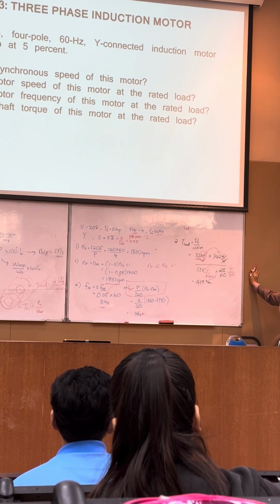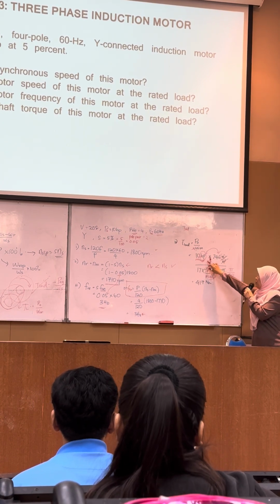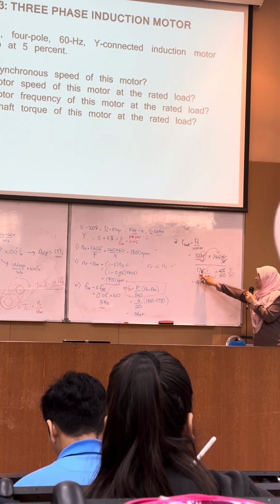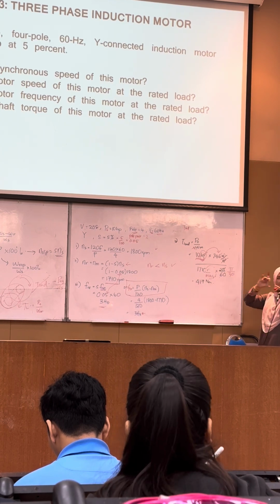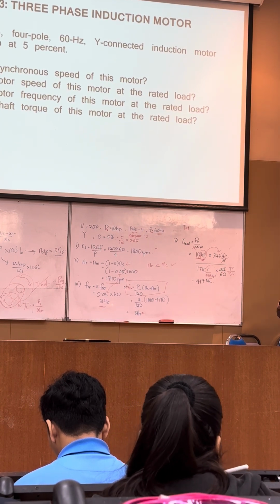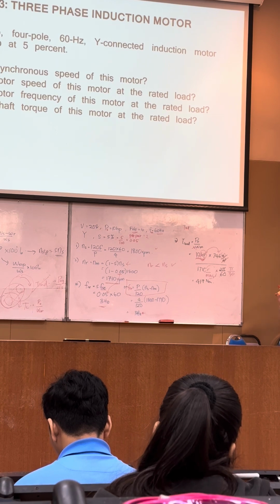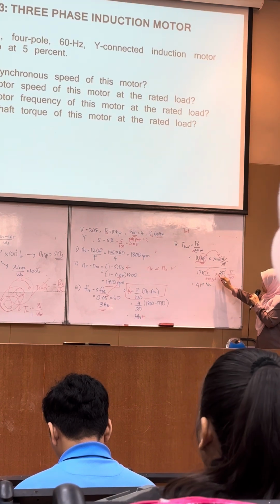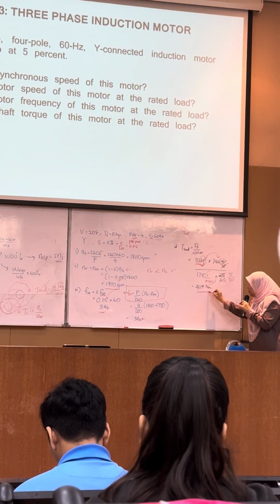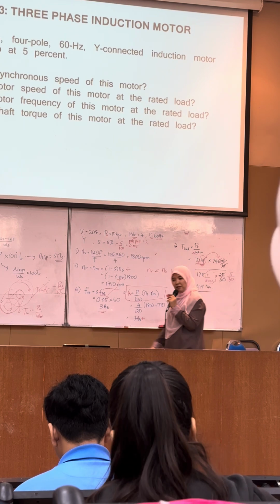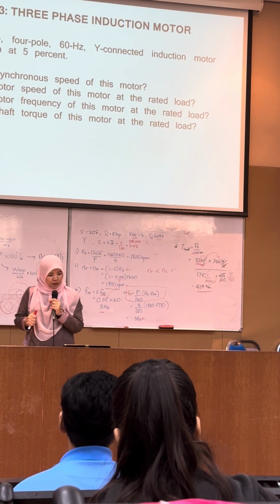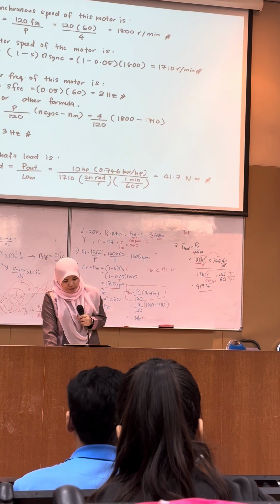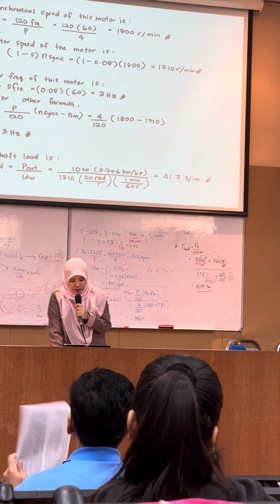Sebab takut tersilap tekan calculator. 746 divide by 1710 multiply balik, so akan ada banyak error. Kan? So multiply with pi over 30 and you will have 41.7 Newton meter. Itu shaft torque ataupun load torque. Ada je jawapan kat belakang ni. Boleh refer.